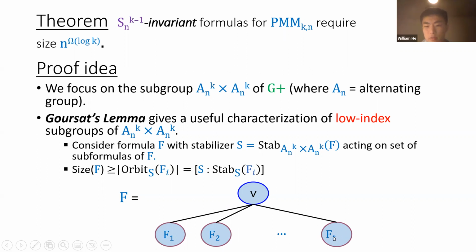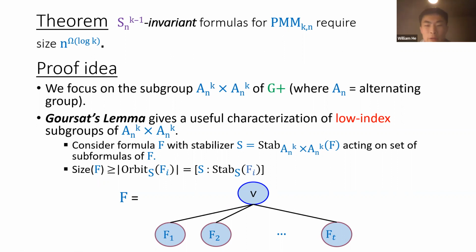So this is a well-defined group action. Now we know that the size of F is at least the size of the S orbit of any F_i. And by the orbit stabilizer theorem, this is equal to the index of the S stabilizer of F_i in S. So here's a connection between index of subgroups and size of invariant formulas.